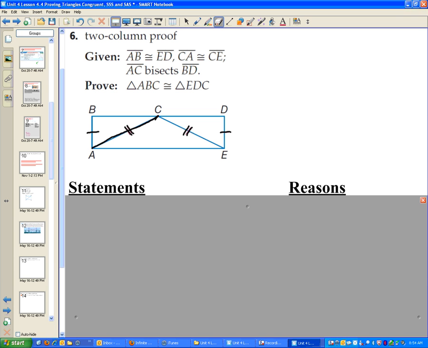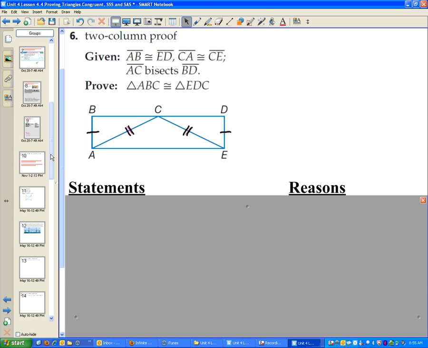If segment BD gets cut in half, what are we going to be able to conclude about segment BC and segment DC? We're going to conclude that in just a minute, aren't we? I guess I won't label that yet, but we're going to need that. All right, so we're ready to move on, start our proof. We've got statements, we've got reasons. What do we put as our first statement?